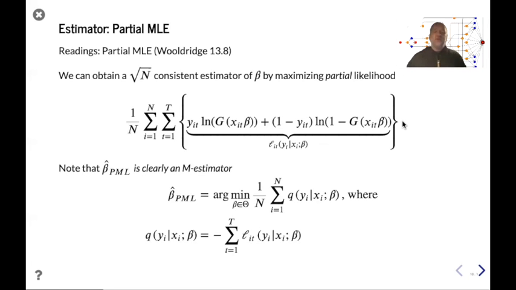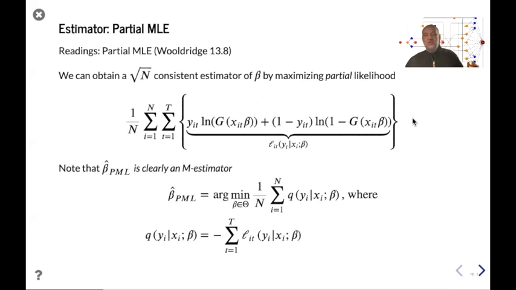You're treating the data as one big cross section, summing all the likelihood contributions for all the different observations, both in time and across individuals. It's exactly the same objective function. Well, we're not dividing by T, but that doesn't really matter for the maximum. And then the partial maximum likelihood estimator is achieved by maximizing this.